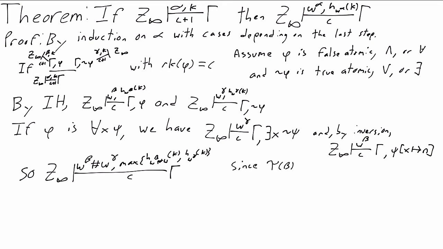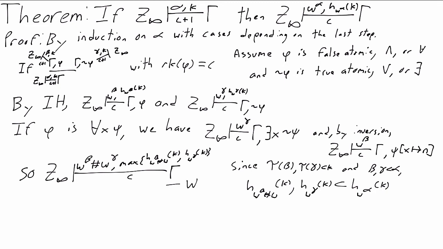The way we defined the h functions, and remember τ(β) and τ(γ) must be less than k, because these came from the previous steps of a deduction with bounds α, k, so the numeric bound is less than h_{ω^α}(k). So we do get a deduction of Γ with exactly the bounds we promised and with all cuts of rank less than c.